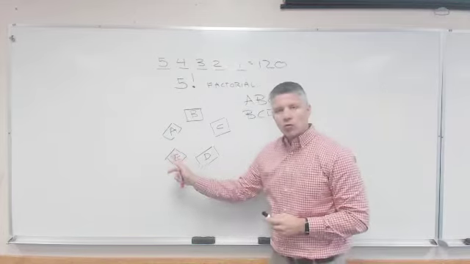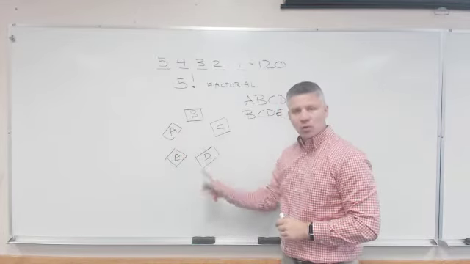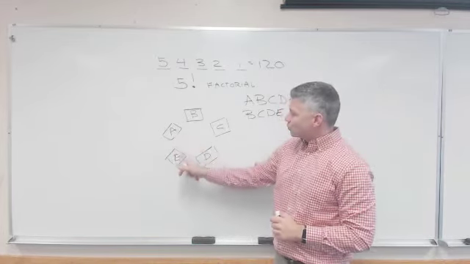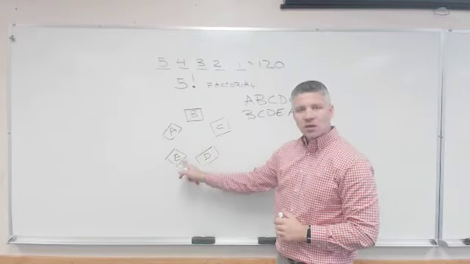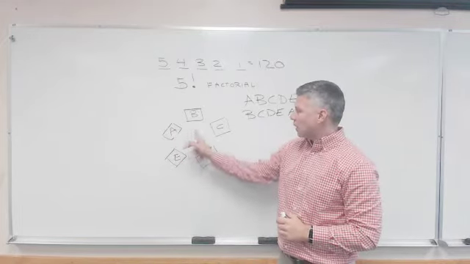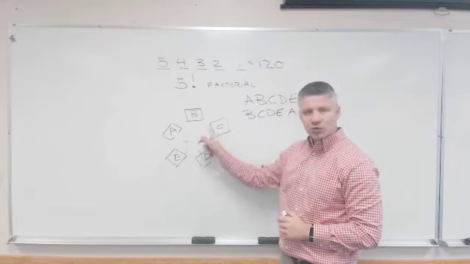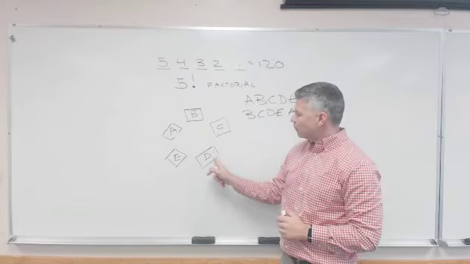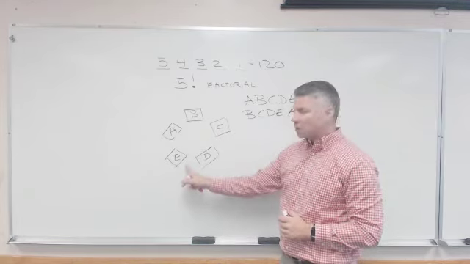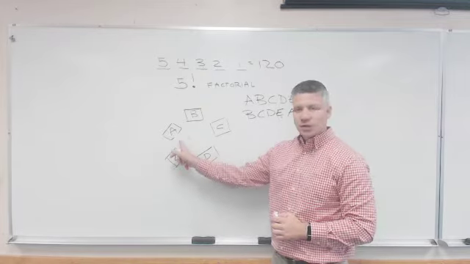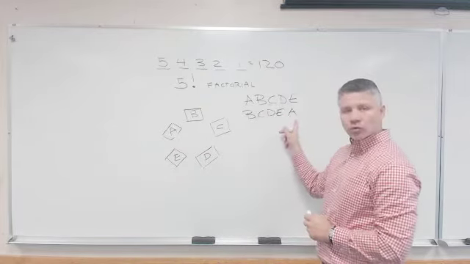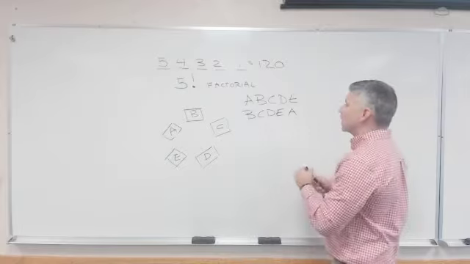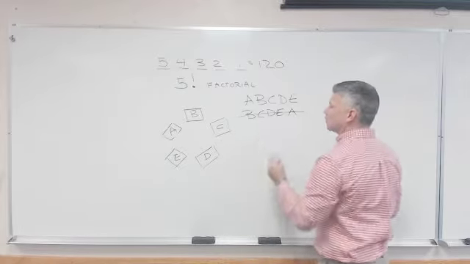But in the circle, we should notice that this is the same order. A is between B and E. B is between A and C. C is between B and D. D is between C and E. And E is between D and A. These two orders are the exact same if they're sitting in a circle.